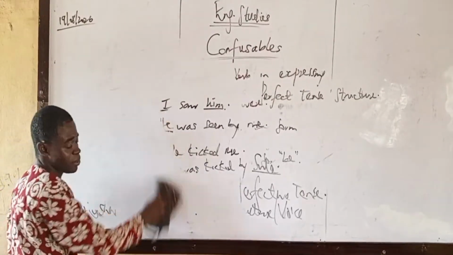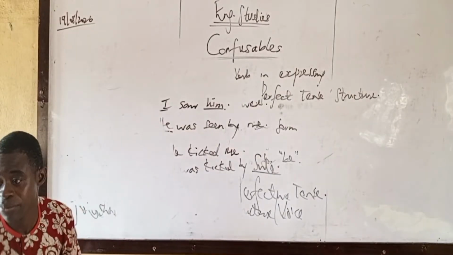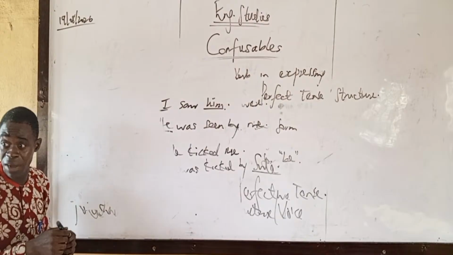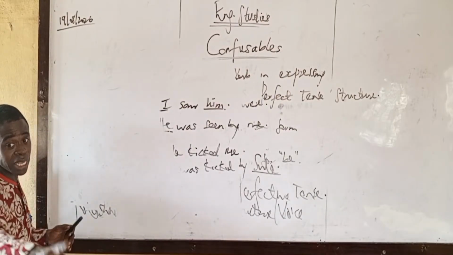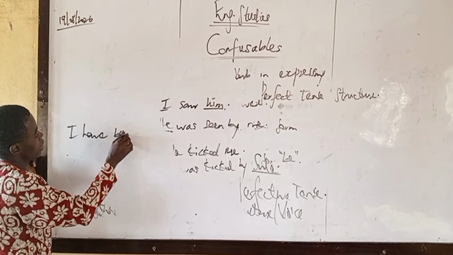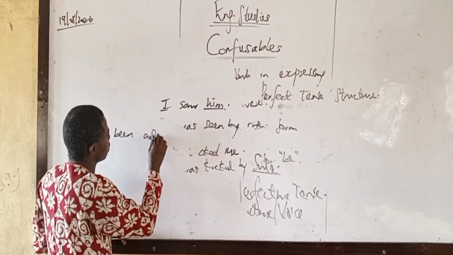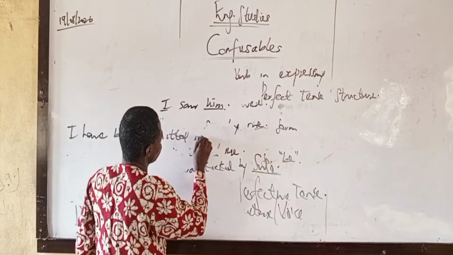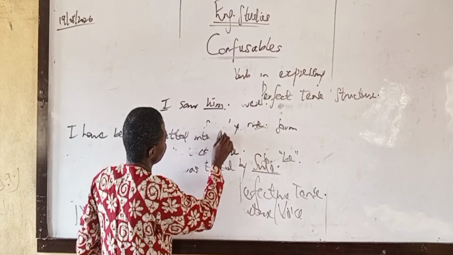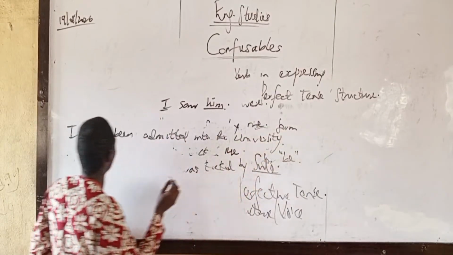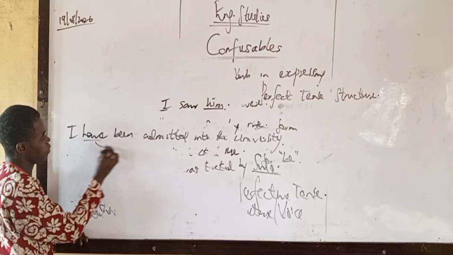Let's go. Number what now? What have I given? The examples of me, right? Okay. "I have been admitted into the university." Notice that have been.